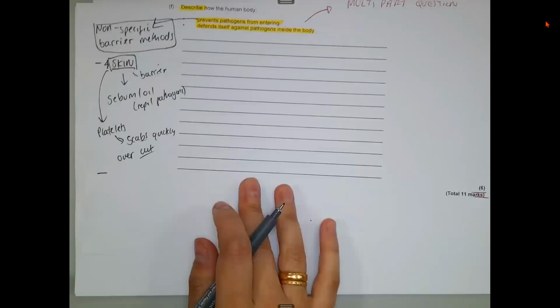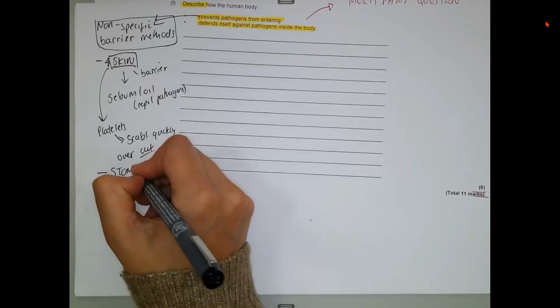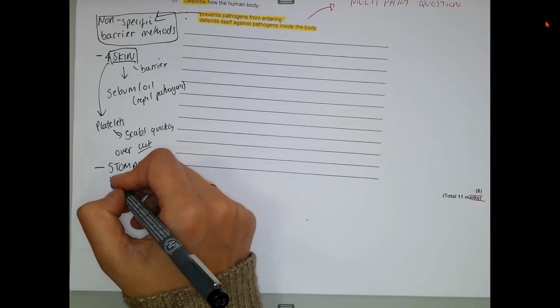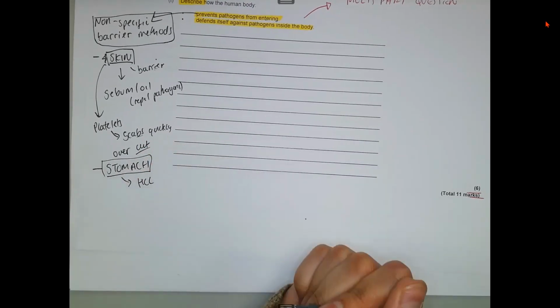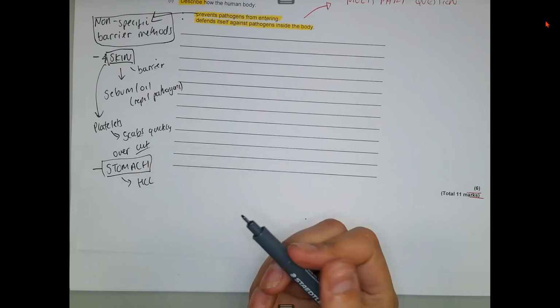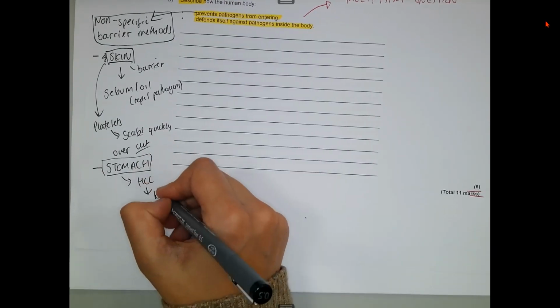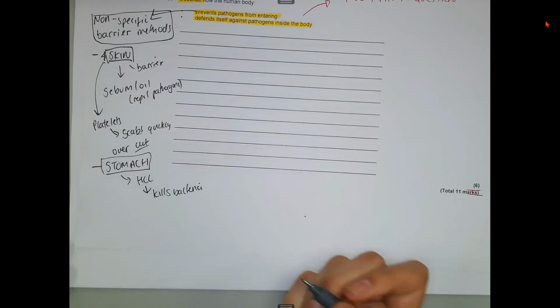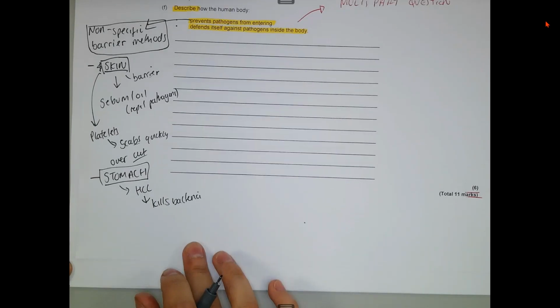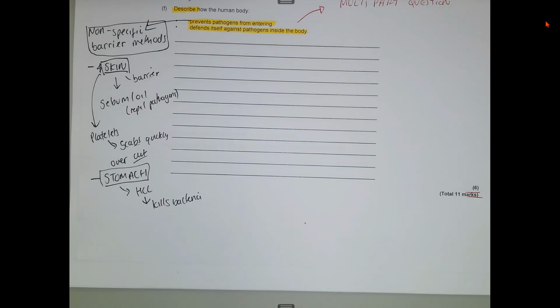Another one, our stomach, produces hydrochloric acid, maintains the condition in the stomach to be very acidic. This we know kills bacteria. Our eyes produce tears, which are antiseptic, so they have enzymes that will kill the bacteria.